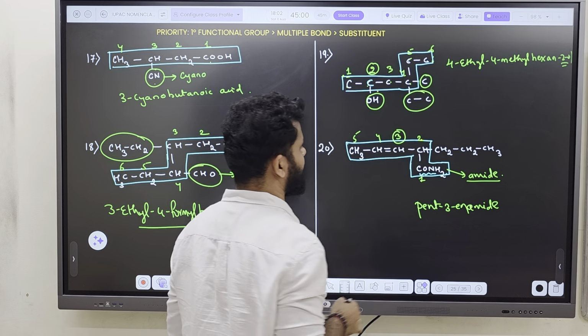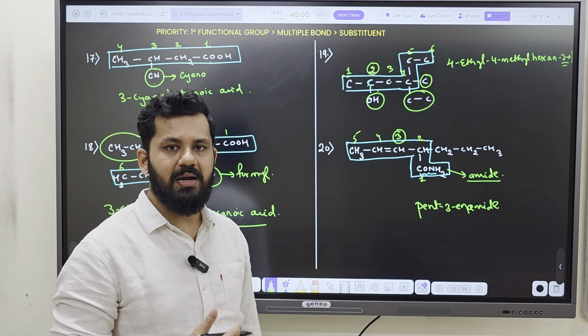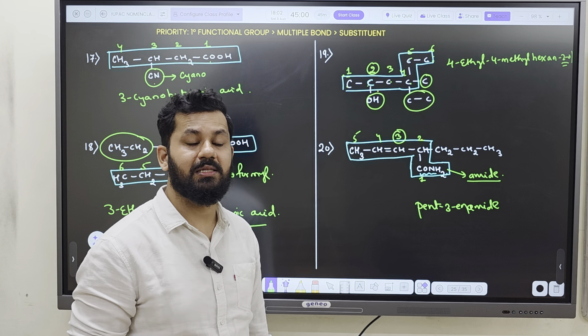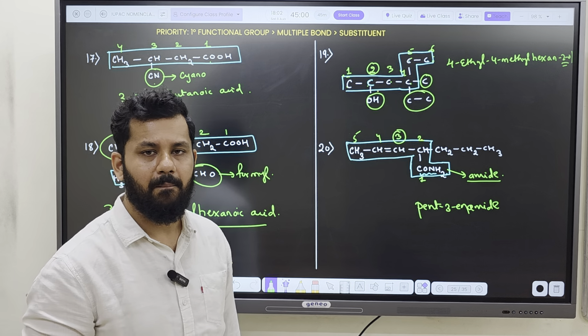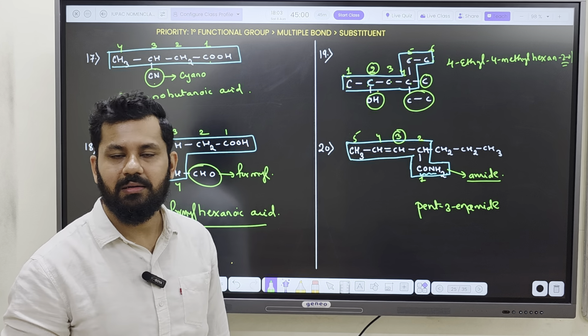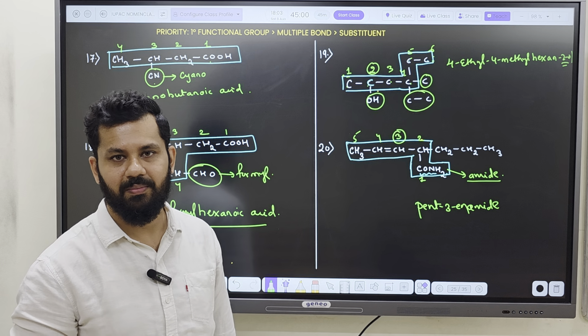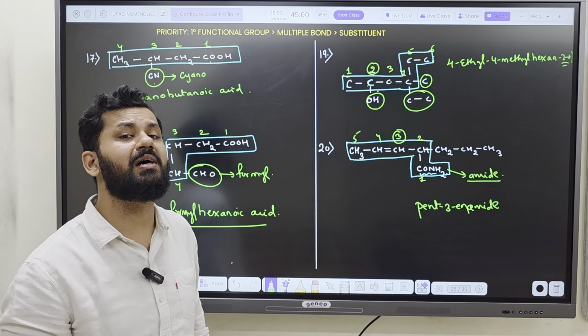Sir, here you specified 2-ol. Here why are you not specifying 1-amide? Amide, aldehyde, carboxylic acids, these are called terminal functional groups. Wherever they stand, the PCC starts from there. Therefore, they always get number 1, so it's trivial to write 1.